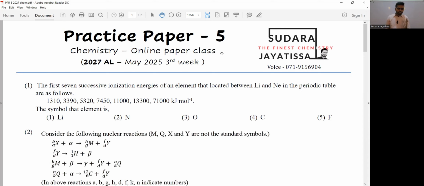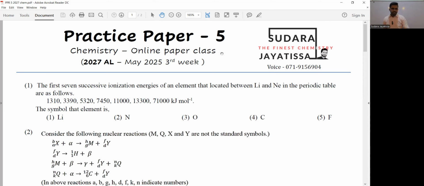The first 7 successive ionization energies of an element that is located between lithium and neon in the periodic table are as follows, right? So there are 7 ionization energy values given. If I briefly tell you what successive ionization energy is, we are removing electrons one by one.